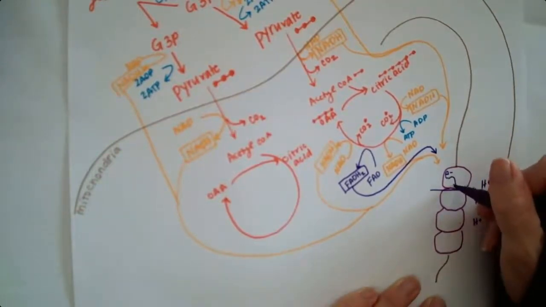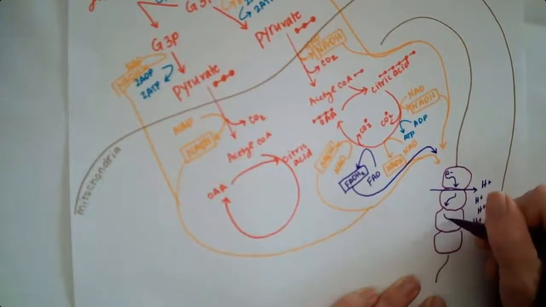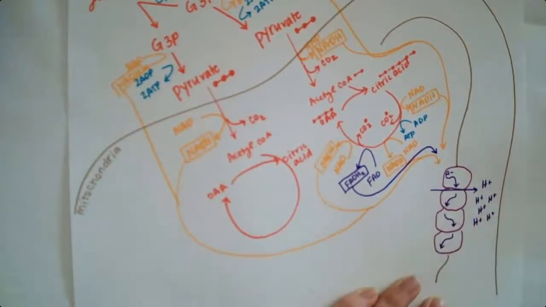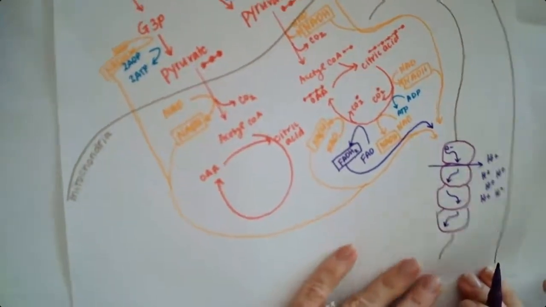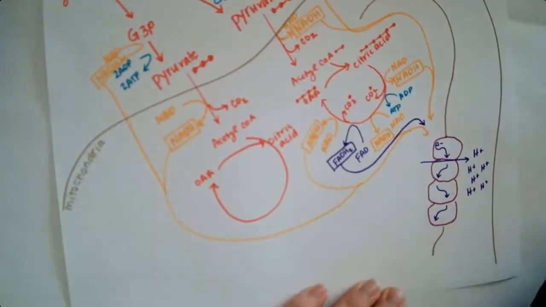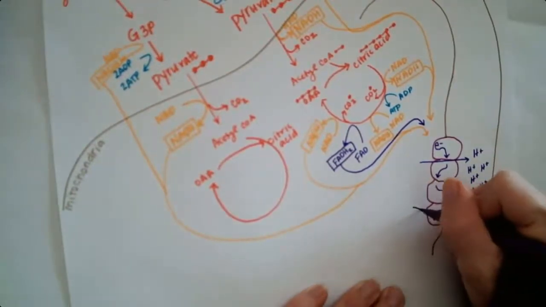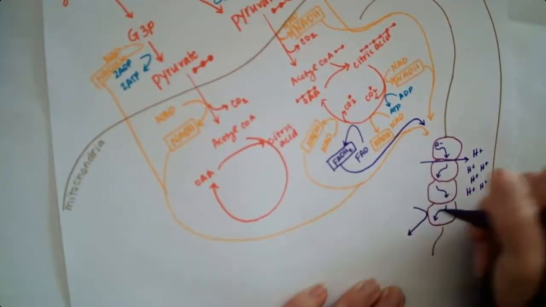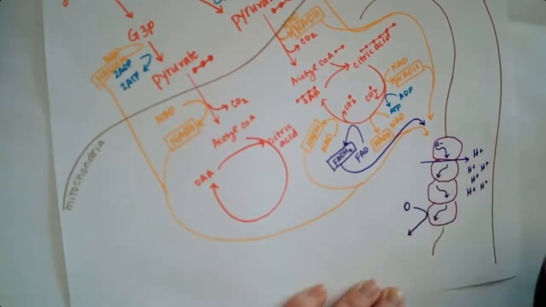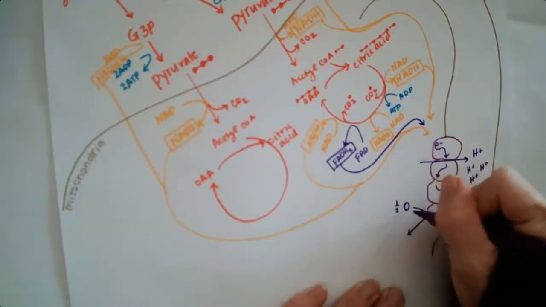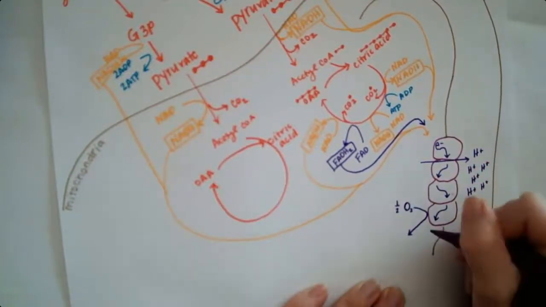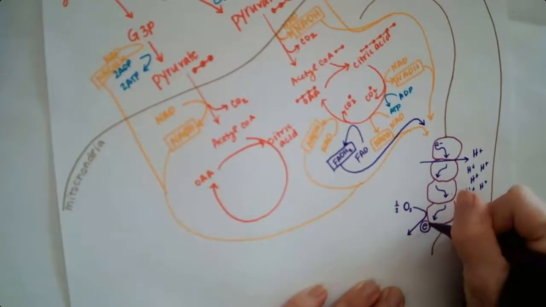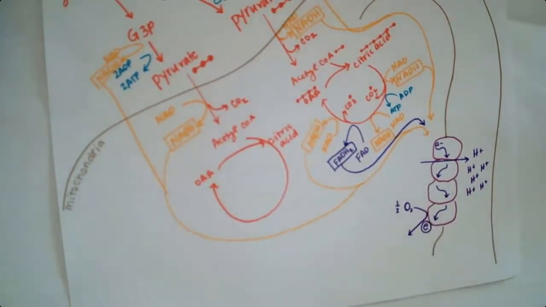And as the electron travels down the electron transport chain, it eventually is going to drop off onto oxygen, making water. The electron from here, and then remember we also need to get our proton, which is going to be traveling through the ATP synthase molecule.